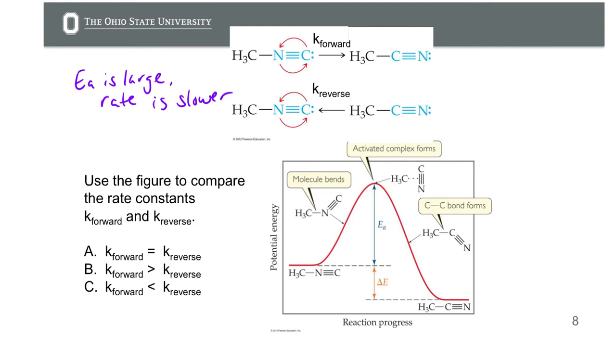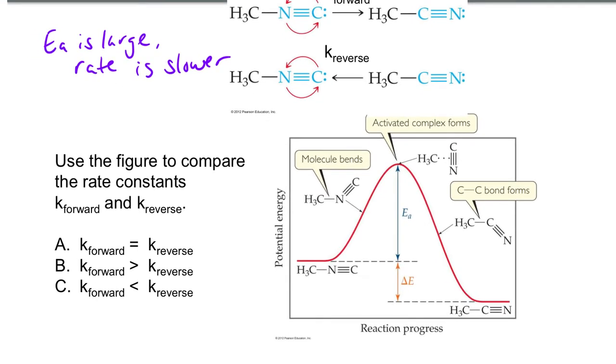So looking at this figure and thinking about rate constants, what's going to be true? Is the forward reaction going to have a greater rate constant than the reverse? Is the reverse going to have a greater one than the forward? Thoughts? Yeah. B. So the forward reaction has a greater rate constant than the reverse.